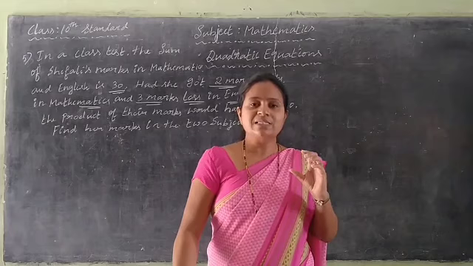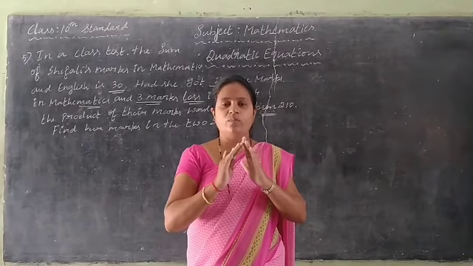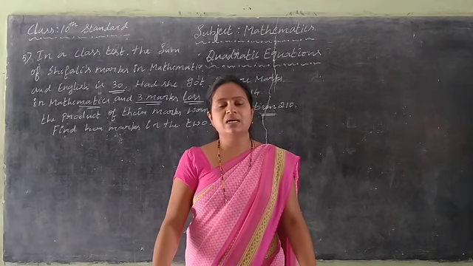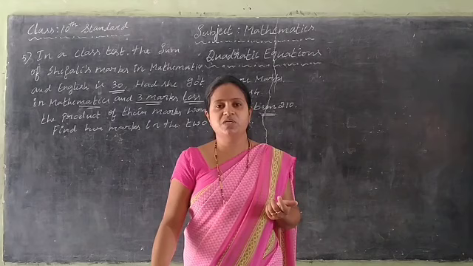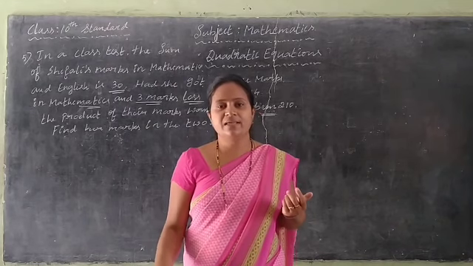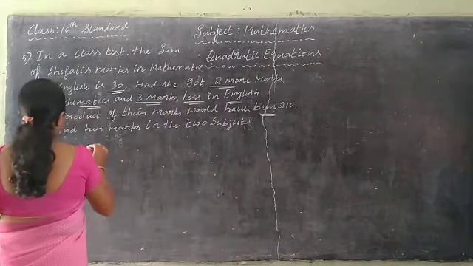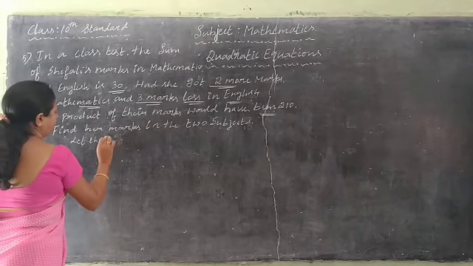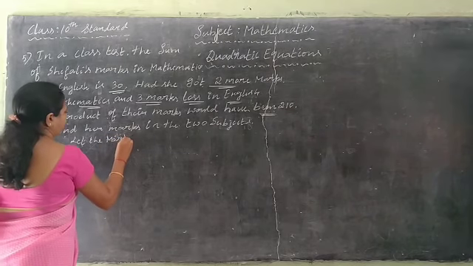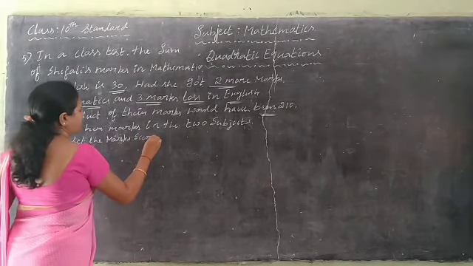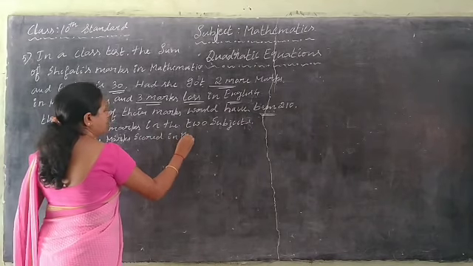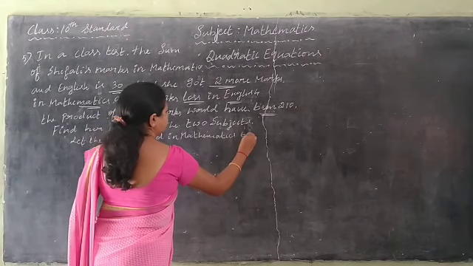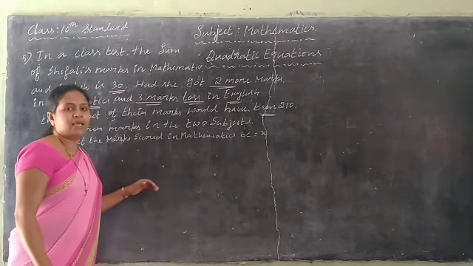Got it. So, see the question. The question is telling that including both the subjects it is 30. So, we will consider the marks scored by Shefali in mathematics, the first subject. We don't know, isn't it? That we take as x, children. Let the marks scored in mathematics be x, children.